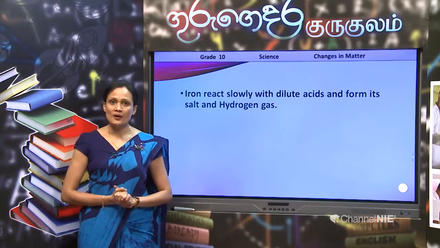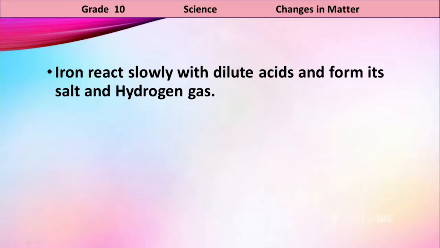If we consider iron, it reacts with dilute acid, but it occurs very slowly and forms its salt and hydrogen gas. Iron reacts with hydrochloric acid and forms iron chloride and hydrogen gas.